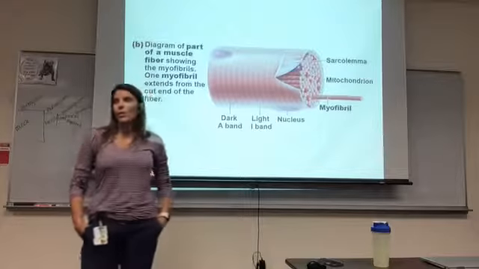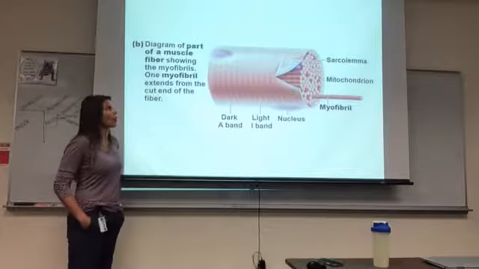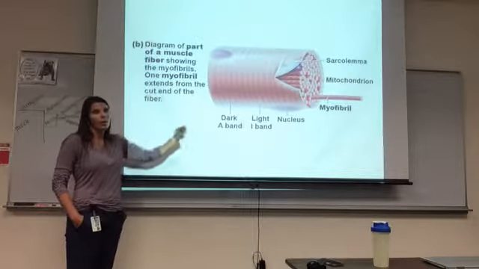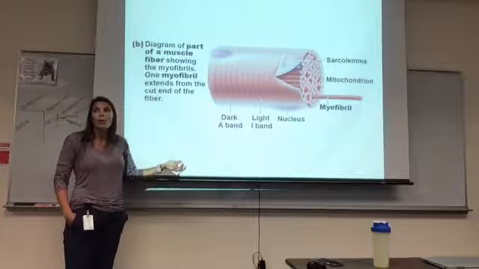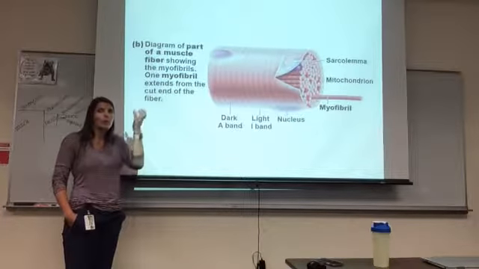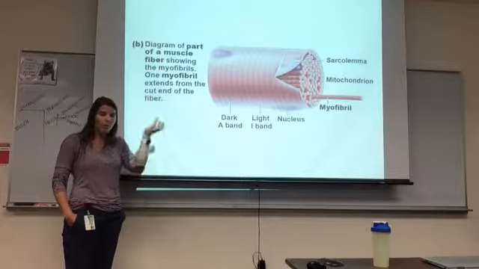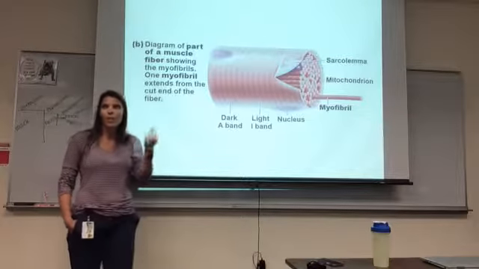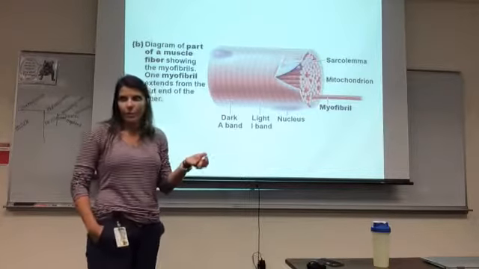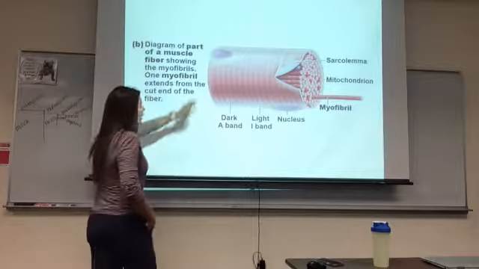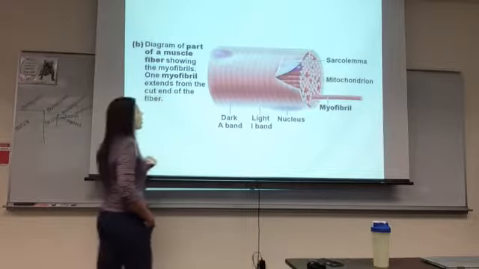You can also see on this diagrammatic representation that there are multiple nuclei present, because many myofibrils compose a muscle fiber, and a muscle fiber is multi-nucleated. Skeletal muscle fiber. Okay? So you can see all of that here.